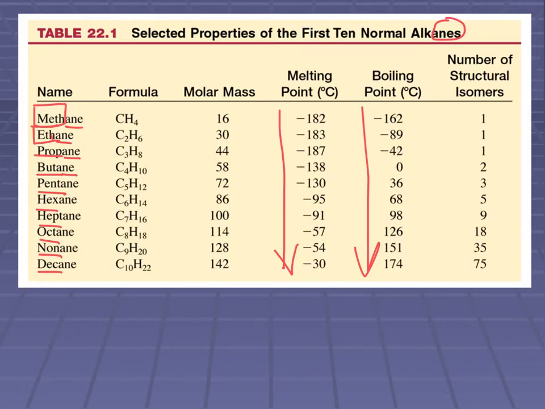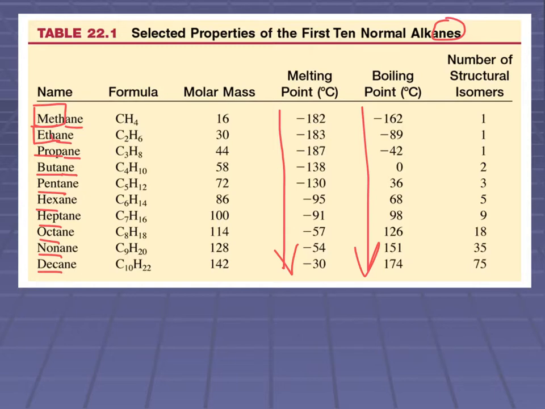The melting point is getting higher, and the boiling point is also getting higher. So the melting and boiling points are increasing as the molecule gets larger. That makes sense because now that it's larger in size, there are more bonds to break. That means the bonds are a little bit stronger. It takes more energy to break those bonds.